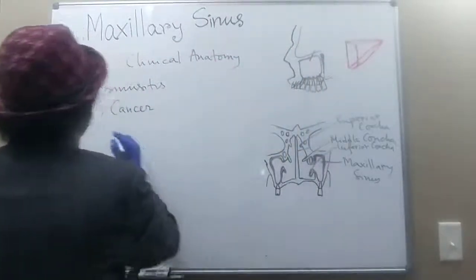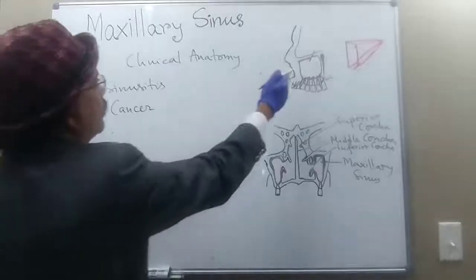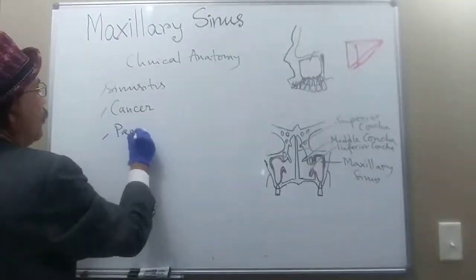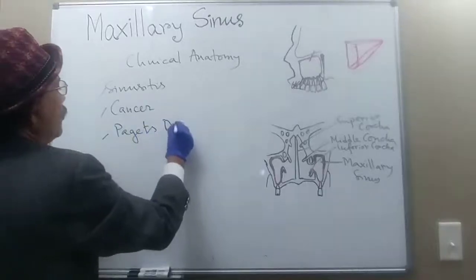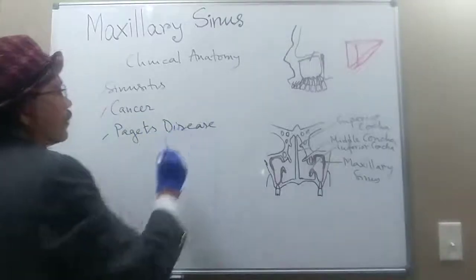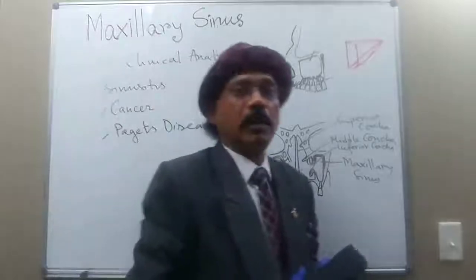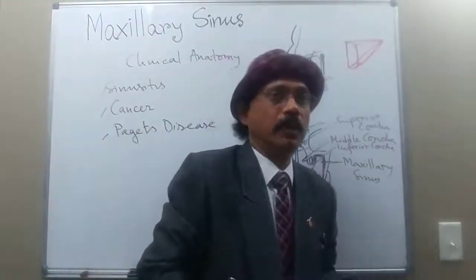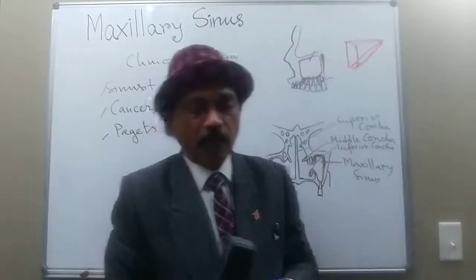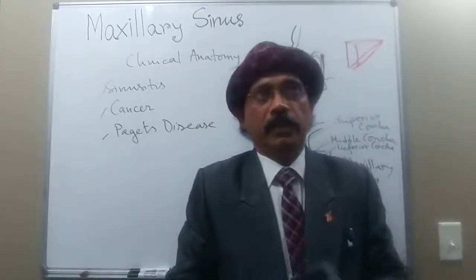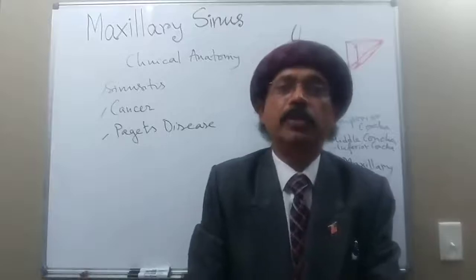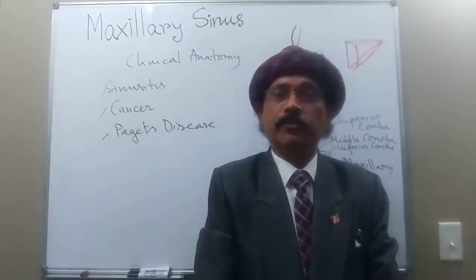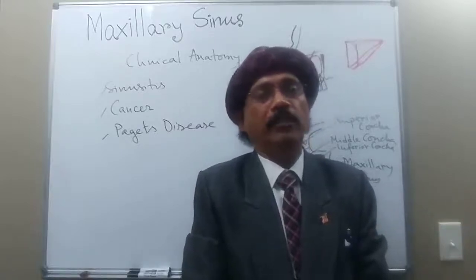We may also have some changes in the paranasal sinuses in Paget's disease of the bone. Even some types of blood cancer may involve the paranasal sinus and the palate. Okay, so that's all about the anatomy and the clinical anatomy of the maxillary sinus.